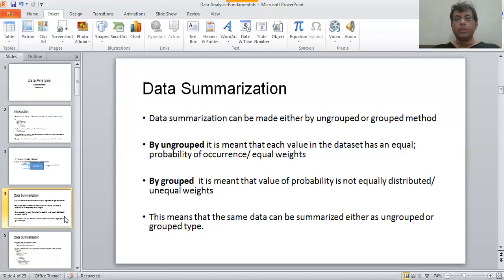And when this happens, then definitely the frequency of each value in the data set would also be equal to 1. The opposite happens in the group data statistics. By group data statistics, we mean that the probabilities are different, and so the frequencies are greater than 1, and so the analysis would be a little different as compared to the ungrouped.